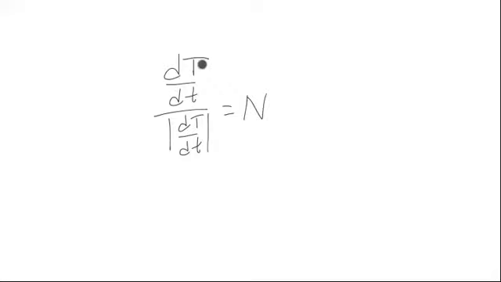Well, this unit normal vector is in the direction of dT/dt, but dT/dt is also in the same direction as dT/ds, mainly because if you look at this, what is ds?